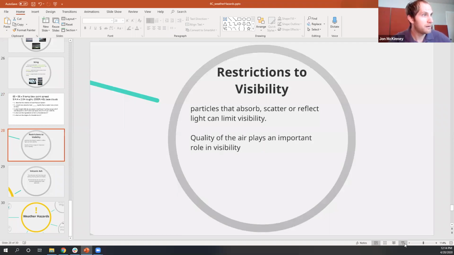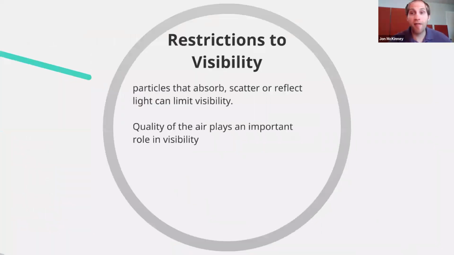Our slide says restrictions to visibility. So particles that absorb, scatter, or reflect light can limit visibility. Quality of the air plays an important role in visibility.